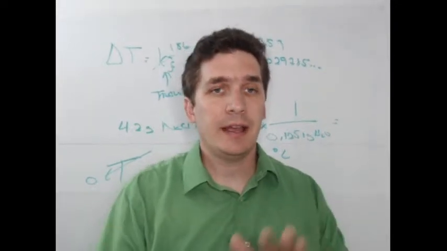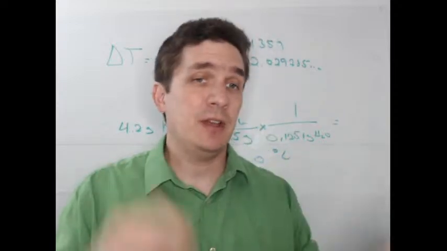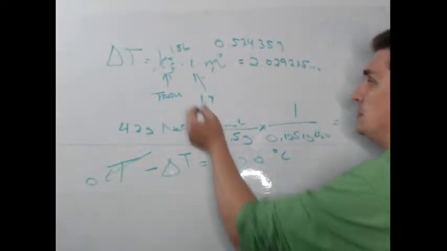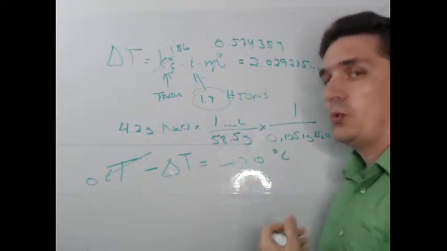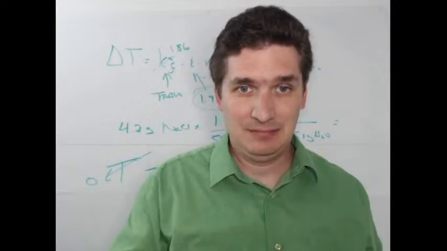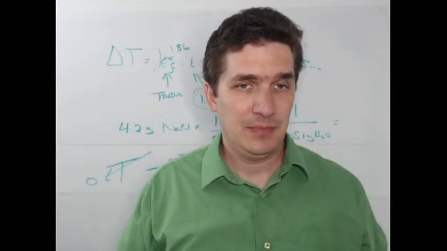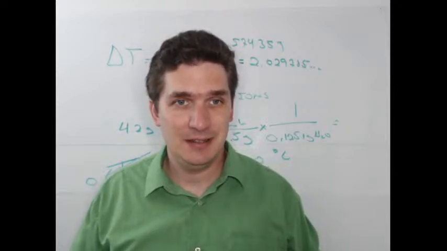So that's what the Van Hoff factor is. The 1.9 here represents the number of ions that are formed when sodium chloride dissolves. The textbook used the grams and went all the way to ions.